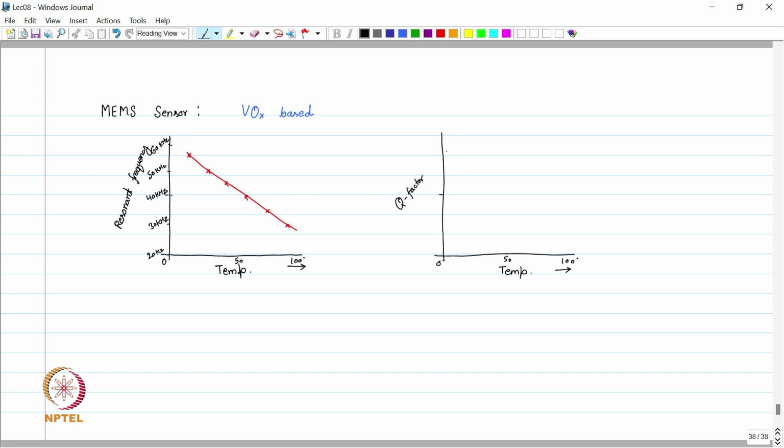Let's see, this is 500, 400, 300. If we plot the quality factor of this micro cantilever, the quality factor has this kind of behavior.